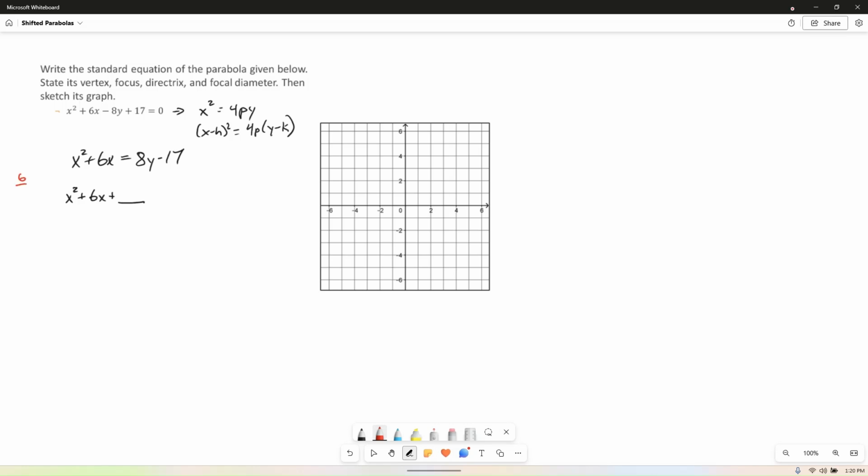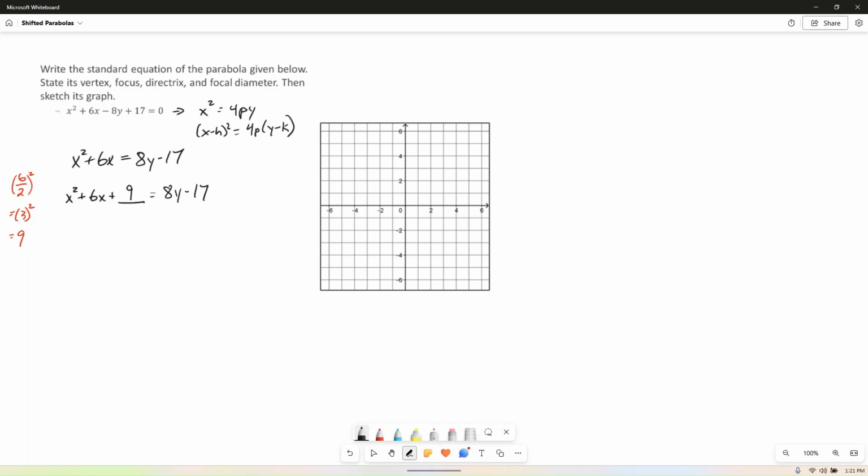We're going to take that 6, we're going to divide it by 2, and then we're going to square it. So 6 divided by 2 is a 3, and then 3 squared is 9. So I'm going to have x squared plus 6x plus 9, and that's going to equal 8y minus 17.